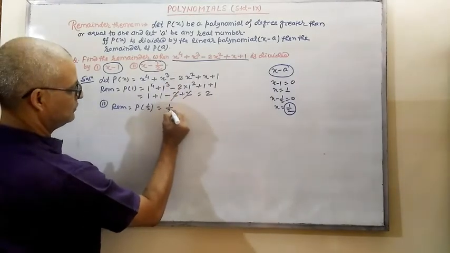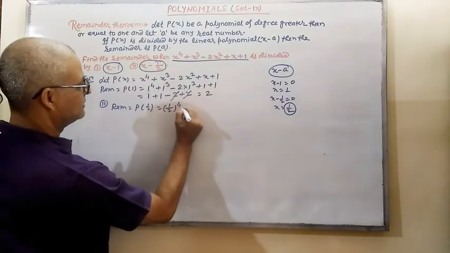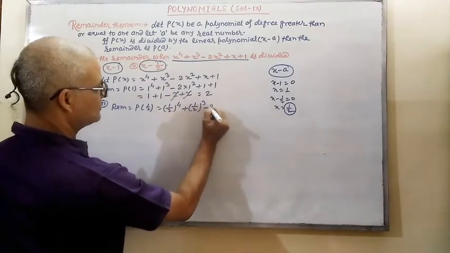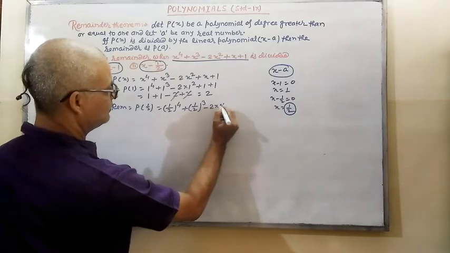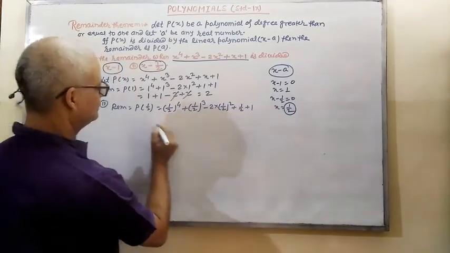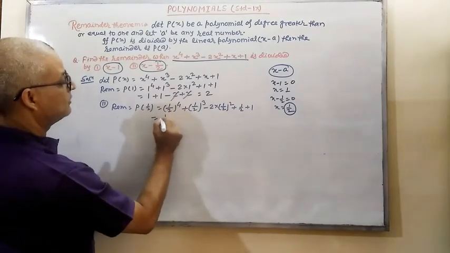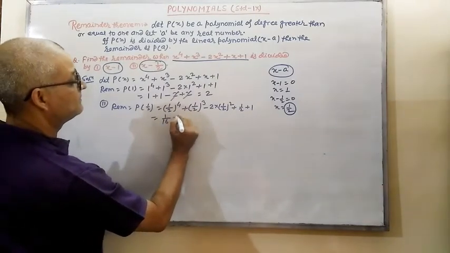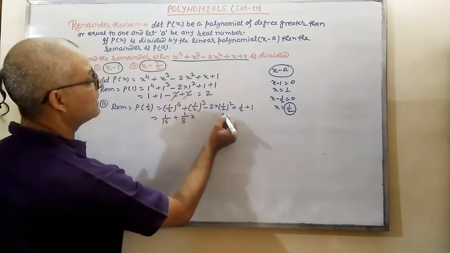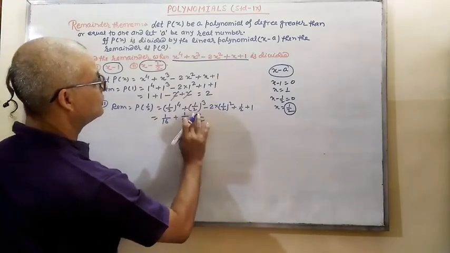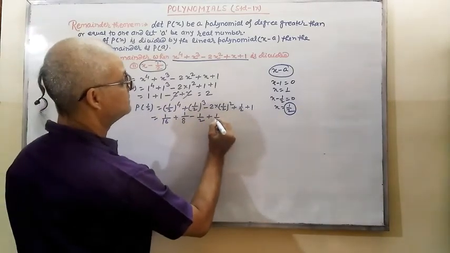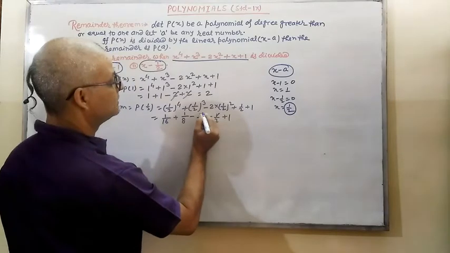So (1 by 2) to the power 4 plus (1 by 2) to the power cube minus 2 into (1 by 2) square plus 1 by 2 plus 1. (1 by 2) to the power 4 is 1 by 16, plus 1 by 8, minus 2 into 1 by 4, that is 1 by 2, plus half plus 1, cancel.